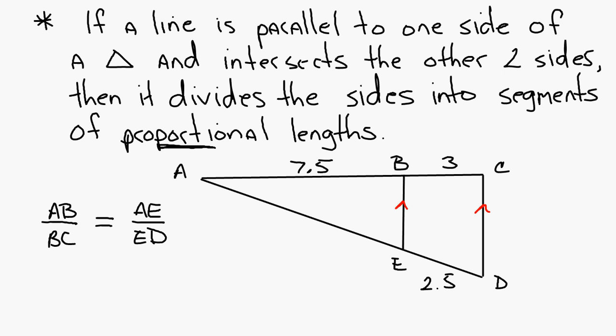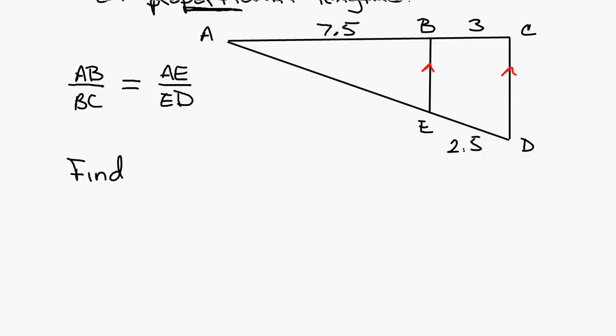You're asked to find AE. You can keep AE as a variable, or call it the letter X, and use this template to set up your proportion. So you would make 7.5 over 3 equal to X over 2.5.